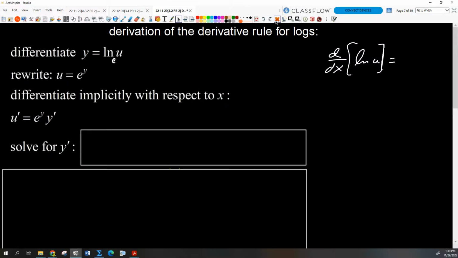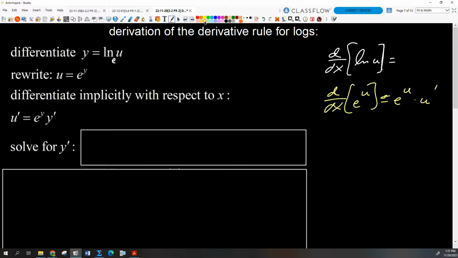I'm going to pause there. I'm going to make sure everybody's okay with that step. That's an important one. E is a constant, right? The derivative of e to the u. We know this derivative. We've done this one a lot, right? We know that the derivative with respect to x of e to the u is equal to e to the u times u prime, right?